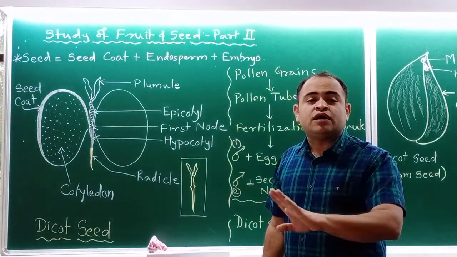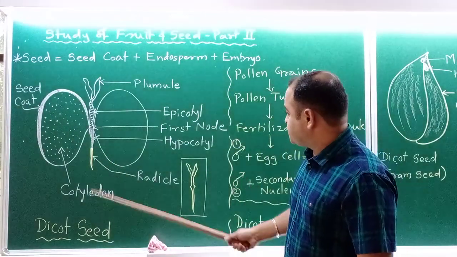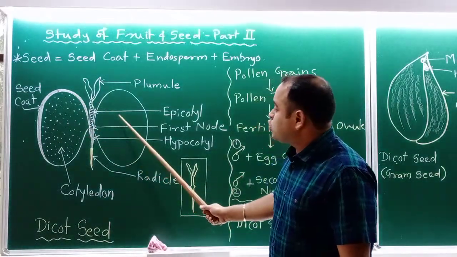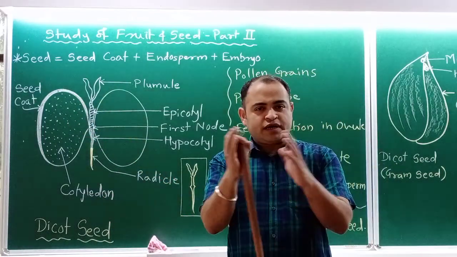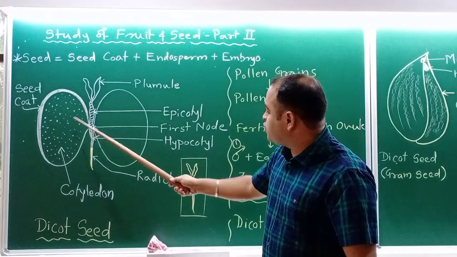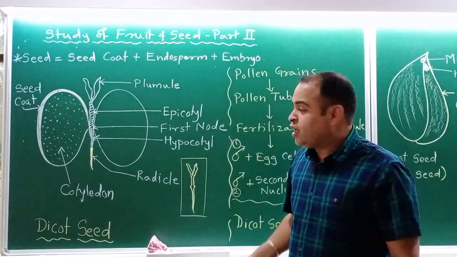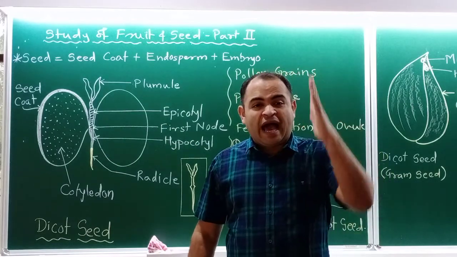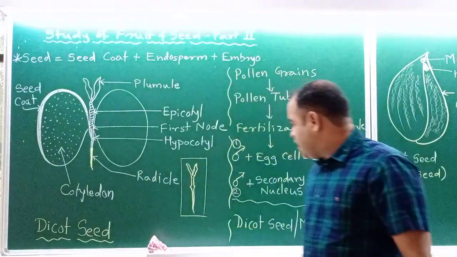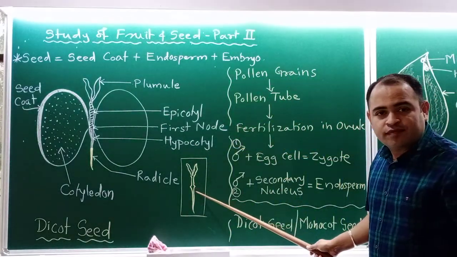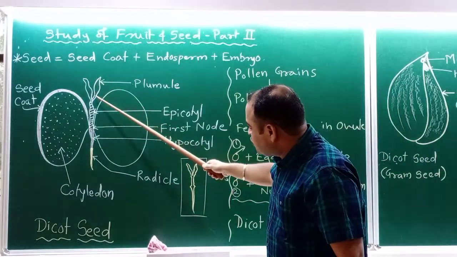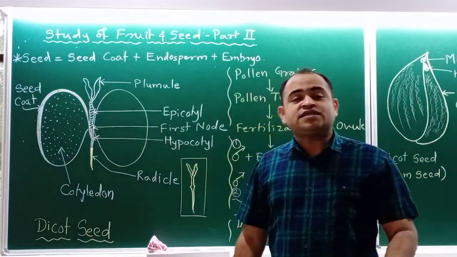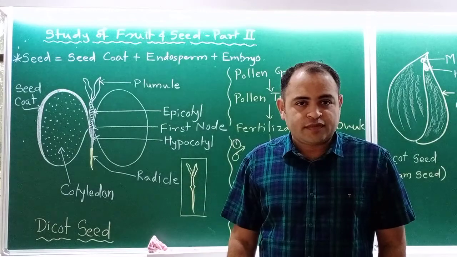Let me tell you the parts of the dicot seed first. I have opened a seed, and these are the two cotyledons present here. Second, this central part, the axis, is called the embryonal axis, and it has four parts.